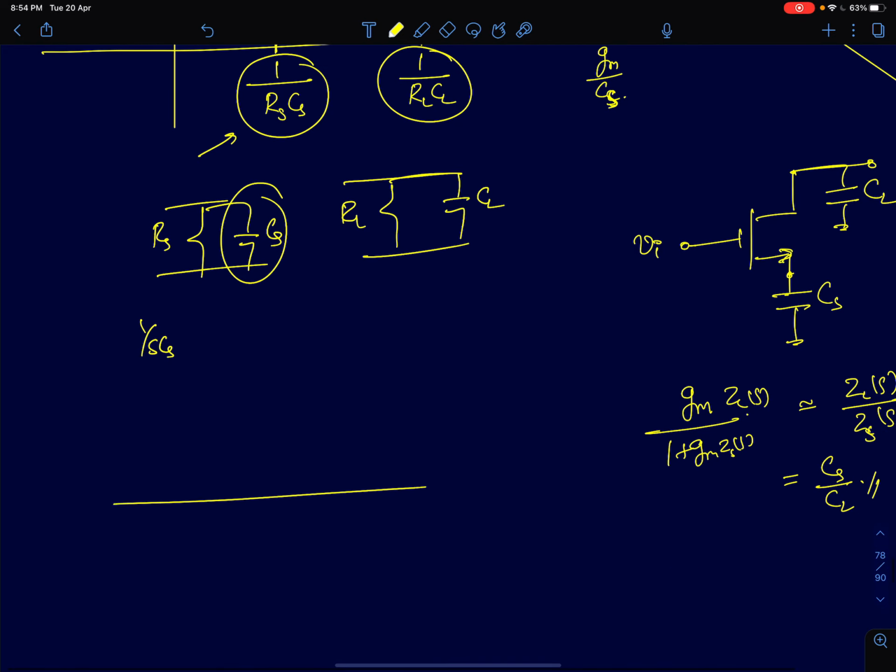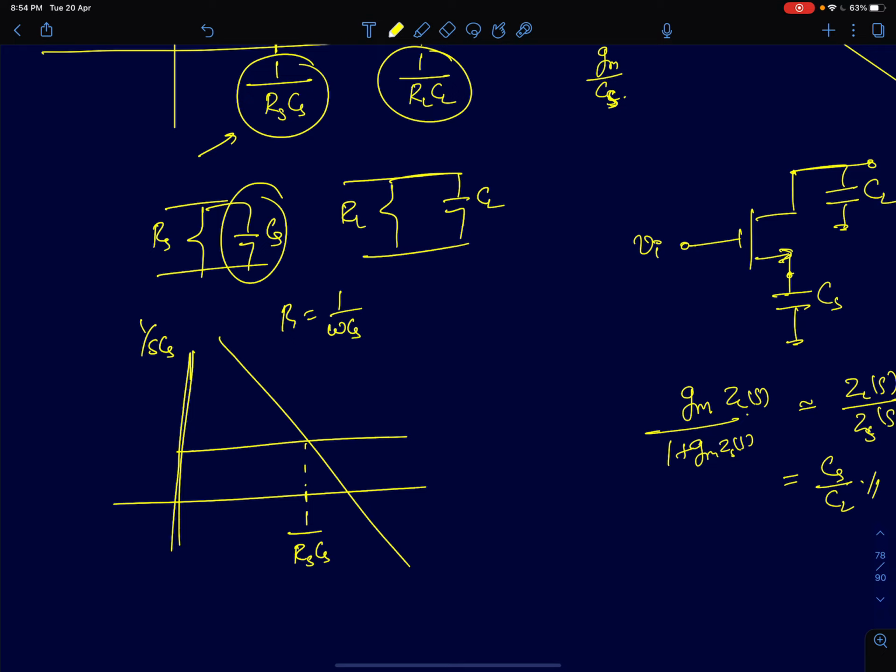As you increase omega, as you increase your frequency, the capacitive impedance will keep decreasing. At some value of S or omega, the capacitive impedance becomes equal to resistive impedance. That value is simply 1 by RSCS. So RS becomes equal to 1 by omega CS. That's the pole of this parallel RC network.